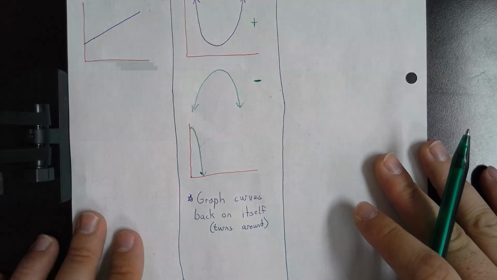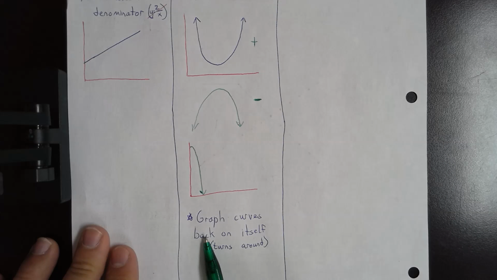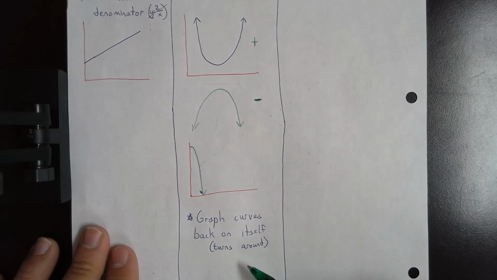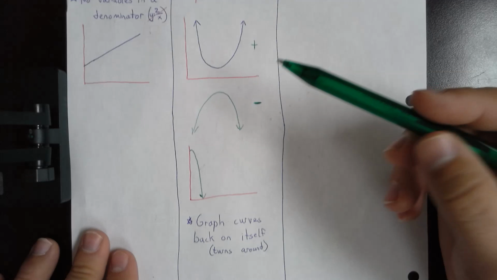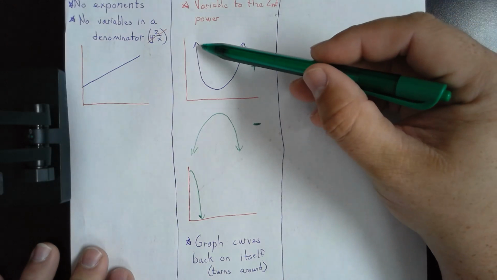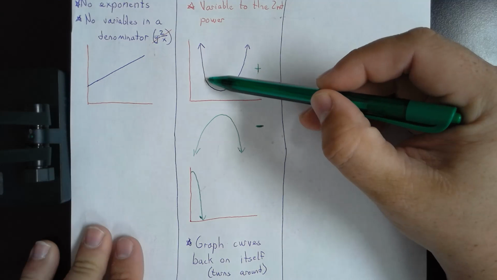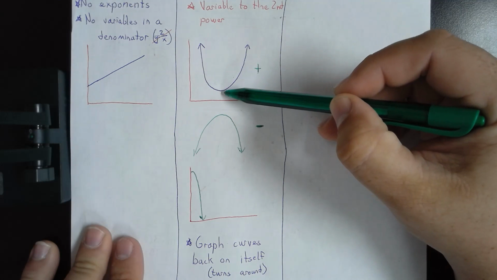So the other thing we talked about with quadratics, the last thing we left on, was that our graph is always going to curve back on itself. In other words, it's going to turn around. For instance, this graph here, looking from left to right, starts going down. It comes to a point or vertex here, and it's going to turn right back up the way it came from.